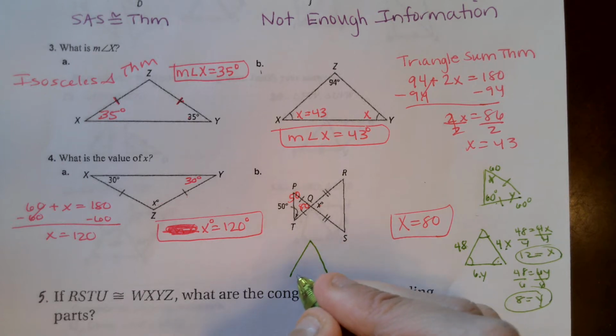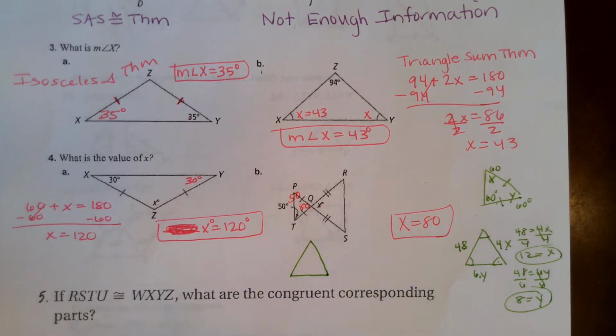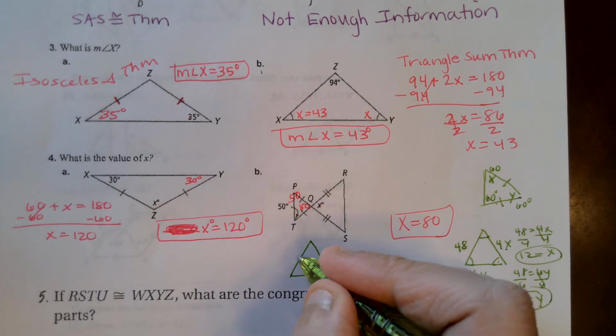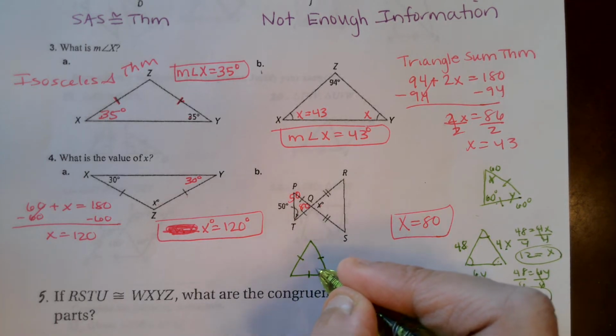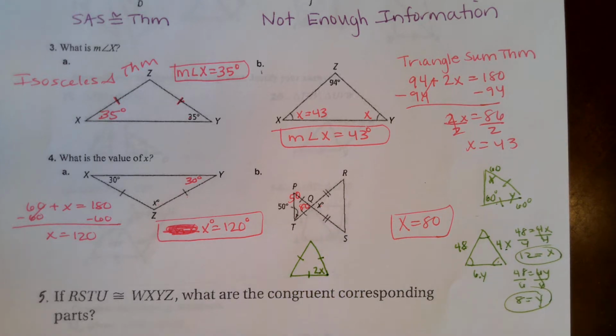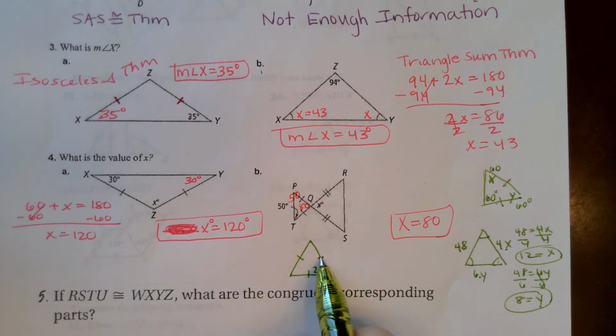Figure out the angle measure of, no, not figure out the angle measure, tell me what x is. Stop the video, do it. Okay, you should have noticed that again, it's equilateral.